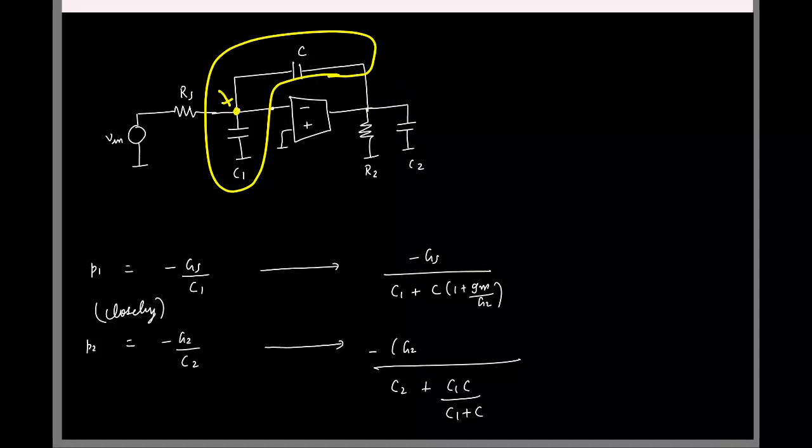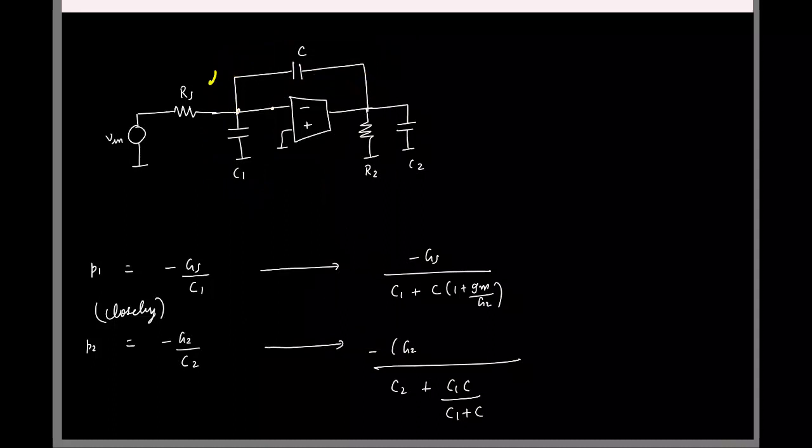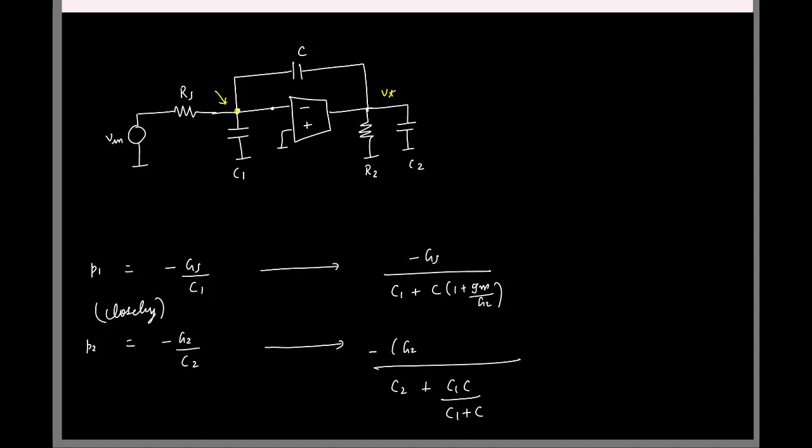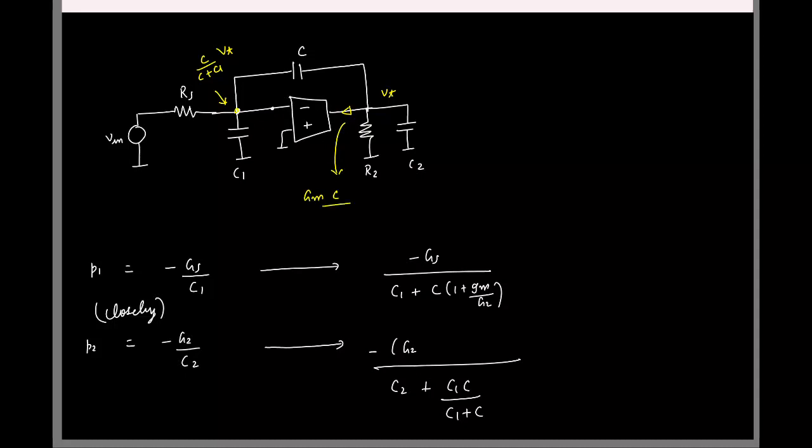So a fraction of the test voltage appears at the gate, at the input of the GM, which means the GM will draw some real current proportional to the fraction of Vtest. If we apply a test voltage here, what is the fraction of voltage that appears here? C by C plus C1 times Vtest. So what is the current it draws? GM times that voltage, that's all, right?